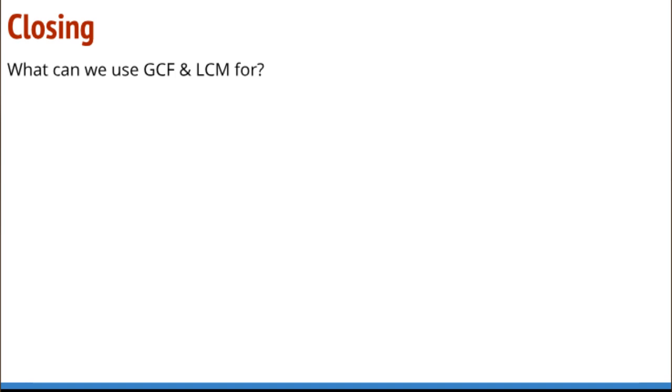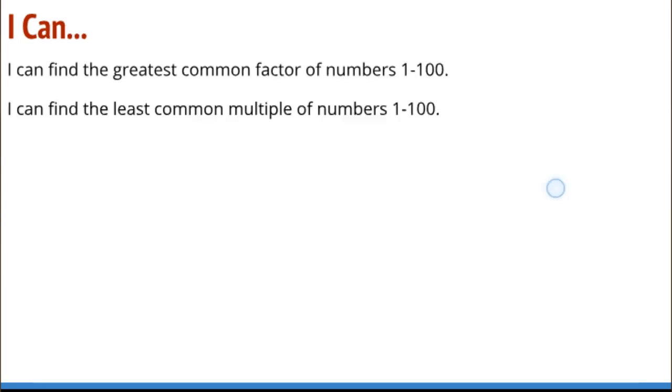We're seeing what do they have in common, which really helped us as we do our equivalent ratios. We're scaling down there as we find greatest common factor. Least common multiple, we're scaling up, but we're trying to find out where are these numbers going to meet, where are they going to intersect with each other, and we saw a wide variety of word problems for both of them.